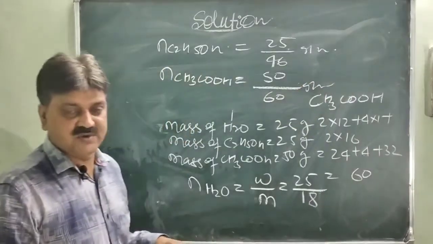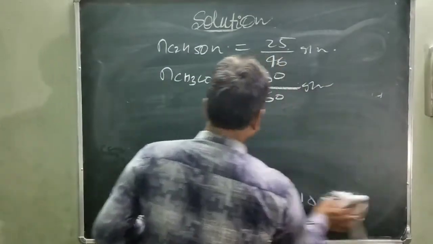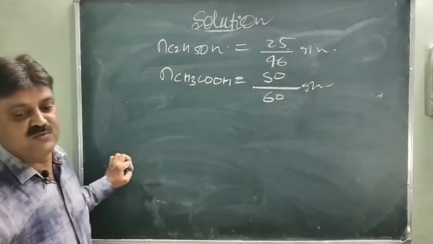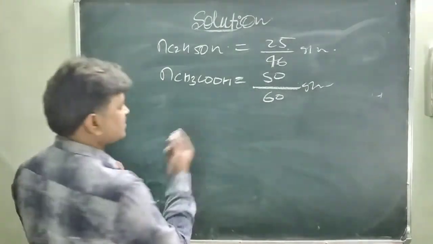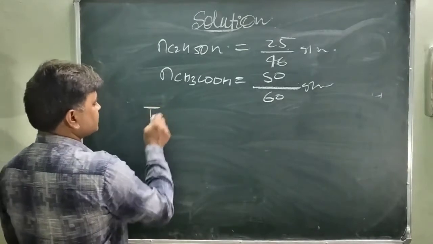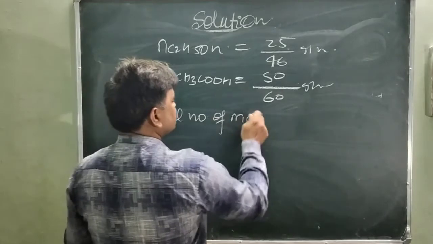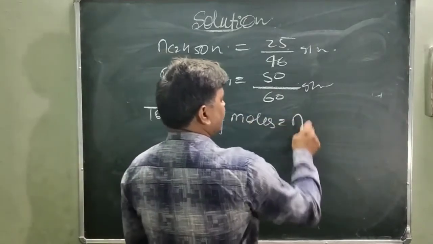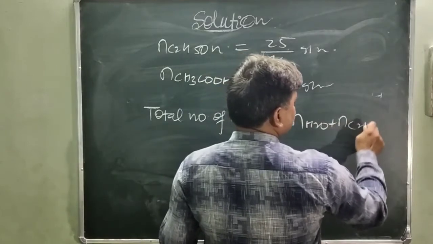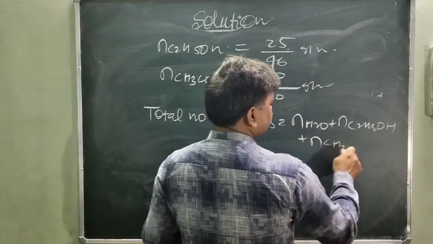So the number of moles we have calculated on the basis of the given mass in the solution. Now how do you calculate the mole fractions? The total number of moles is equal to n H2O plus n C2H5OH plus n CH3COOH.